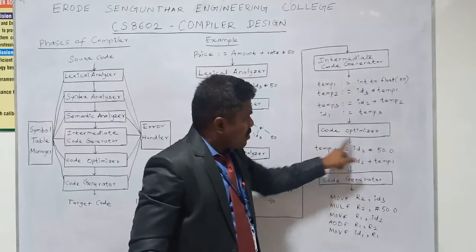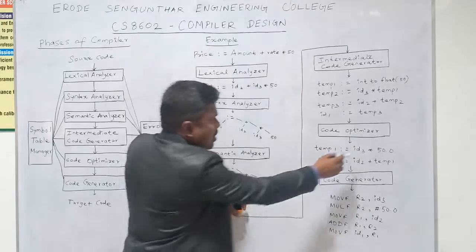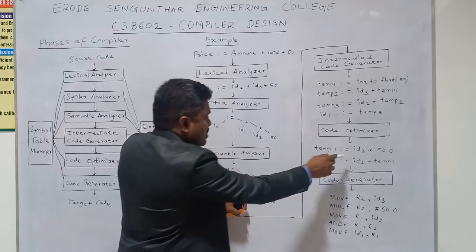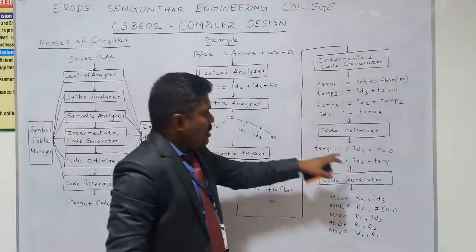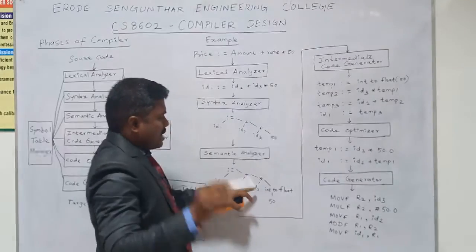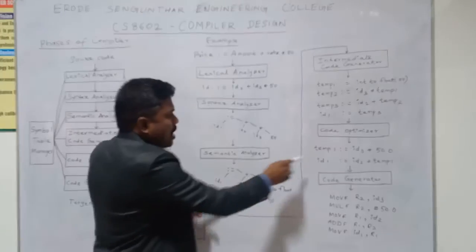In this optimized code, id3 star 50.0 we are assigning into temp1 variable. Now temp1 plus id2, this full portion, we are assigning into id1.